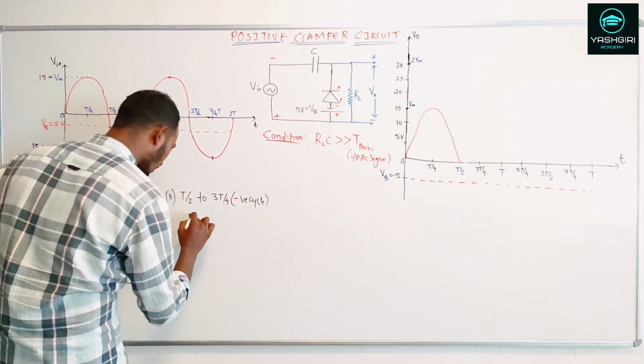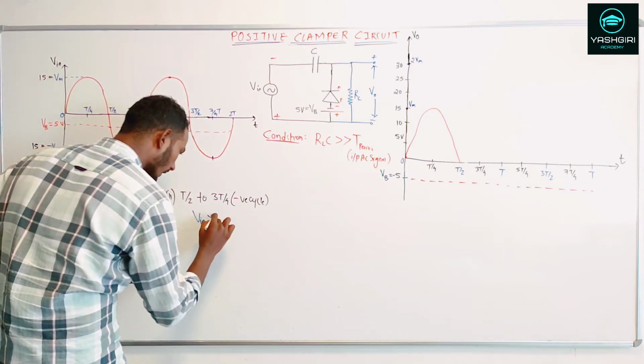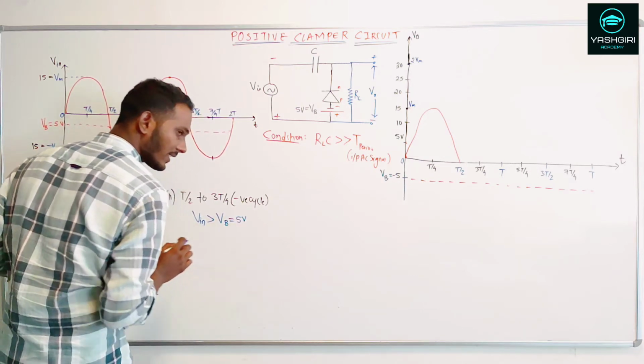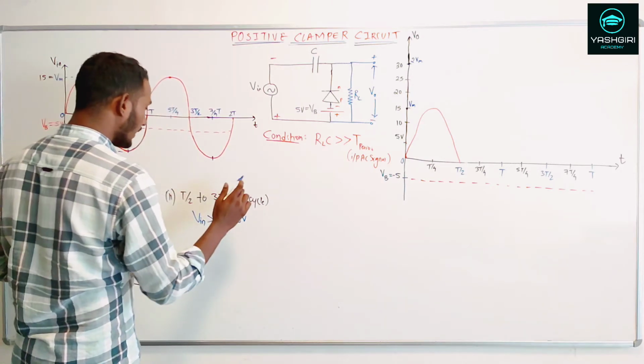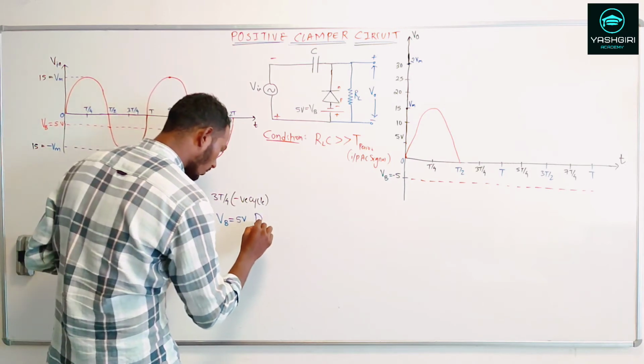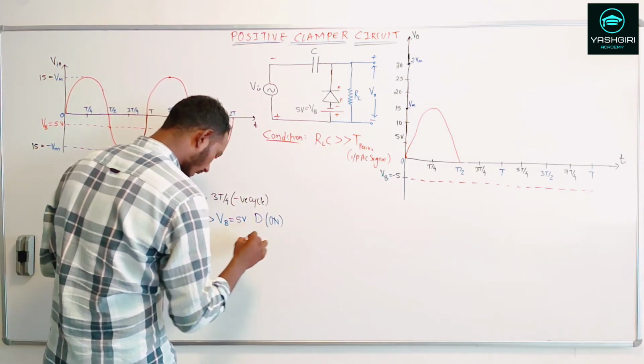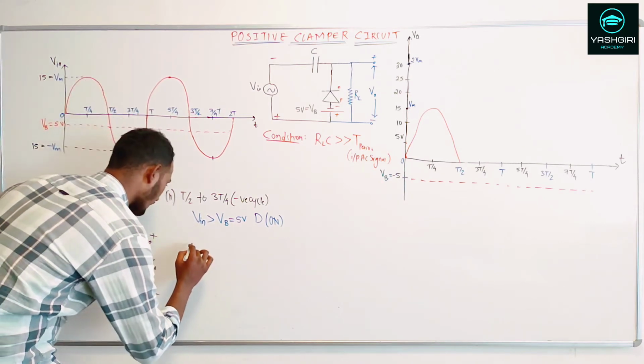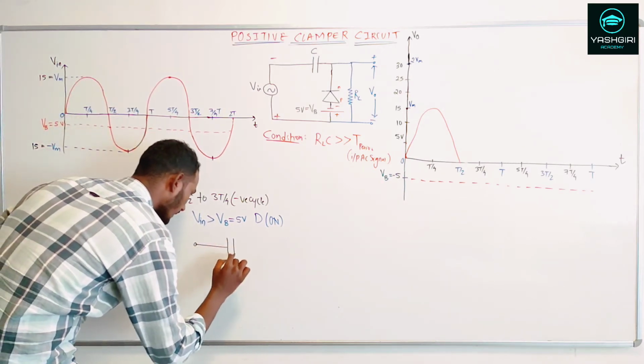So let me write: when V input is greater than the biasing voltage, here I have taken 5 volts as an example, then the diode will get into the on state, the diode D is in the on mode. I can redraw the equivalent circuit: this is my capacitor.